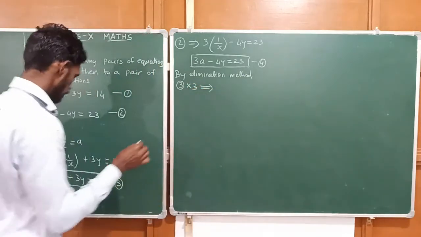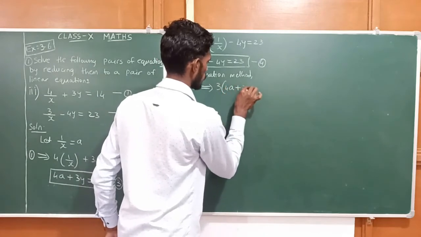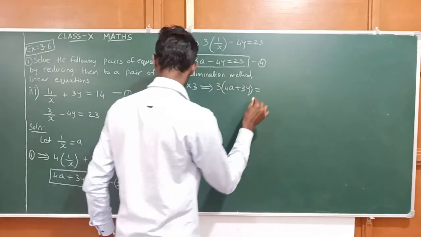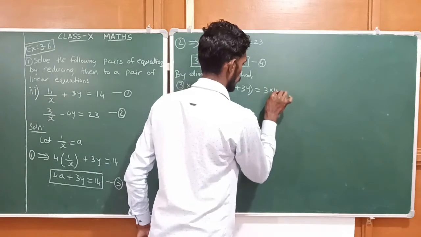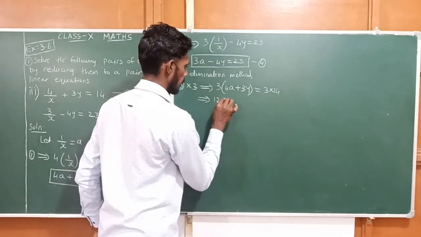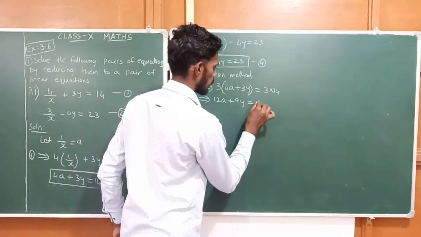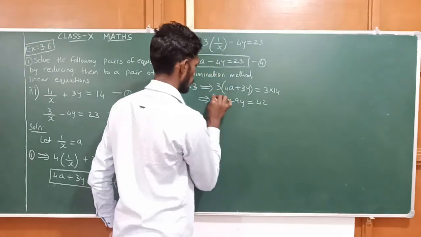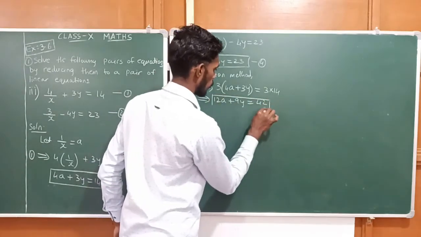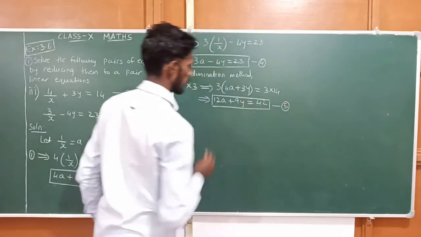So it will become 3 into 4a plus 3y is equal to 3 into 14, which gives 12a plus 9y is equal to 42. Sorry, 3 14s are 42. Let this equation be 5.